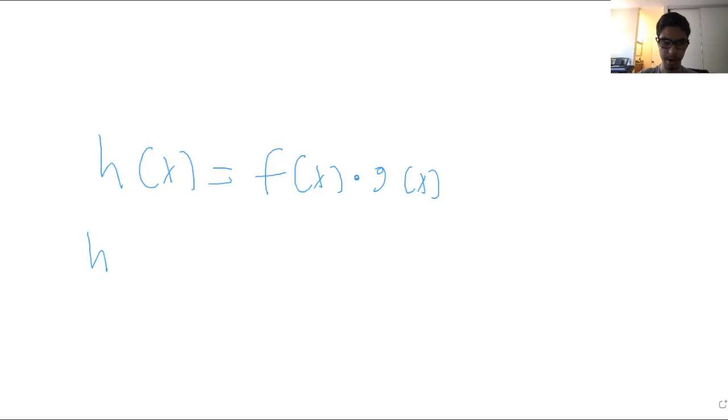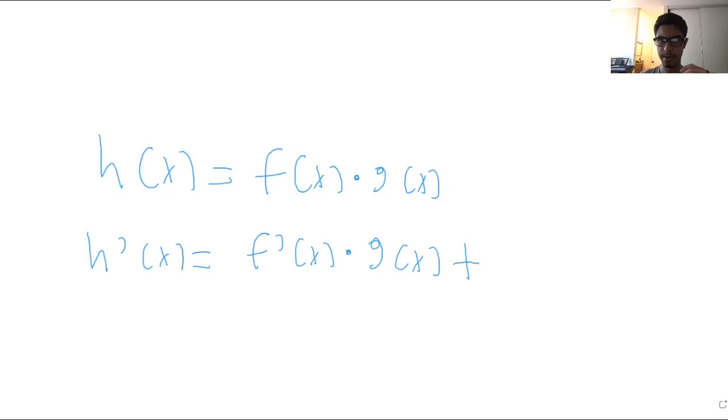So h prime of x would be equivalent to, okay, so this is where the product rule really comes in. We take the derivative of the first function, f prime of x, multiplied by g of x, just g of x by itself, the regular, then plus.